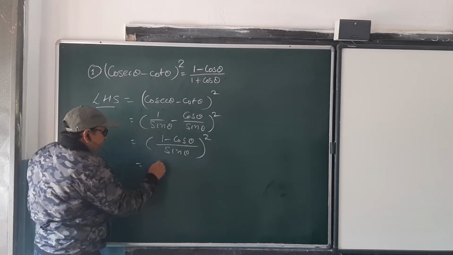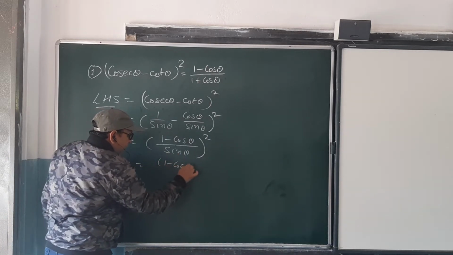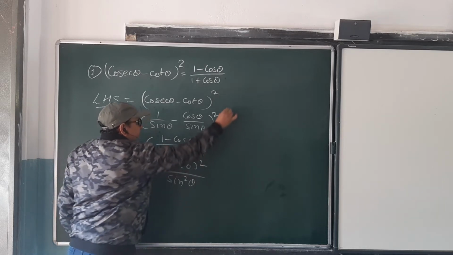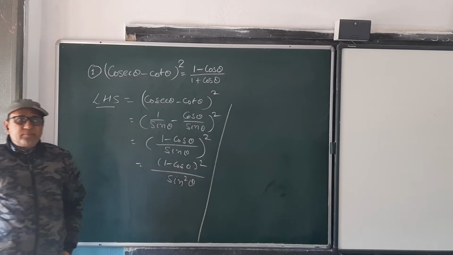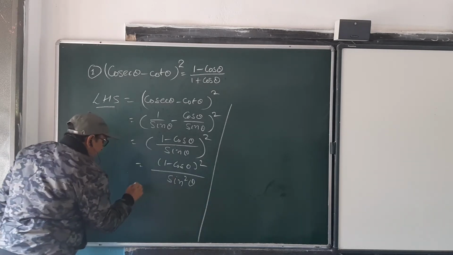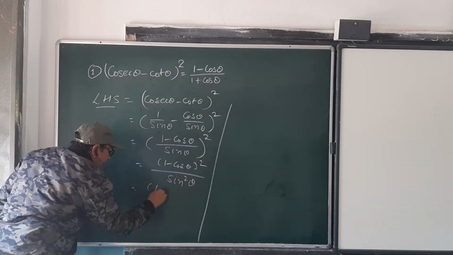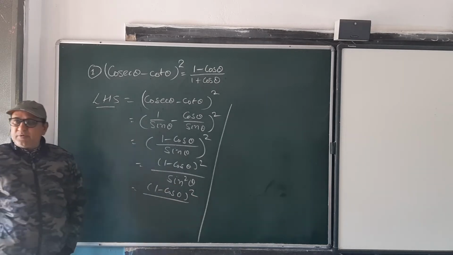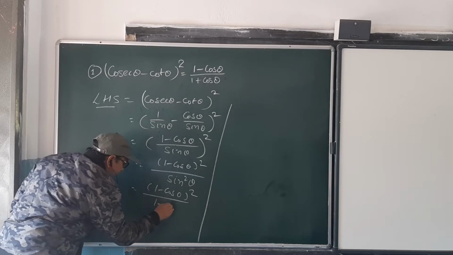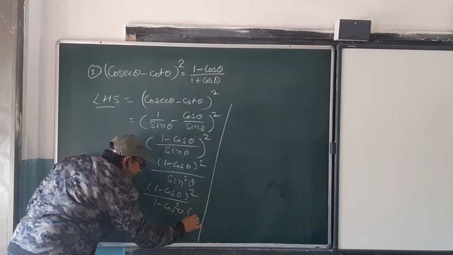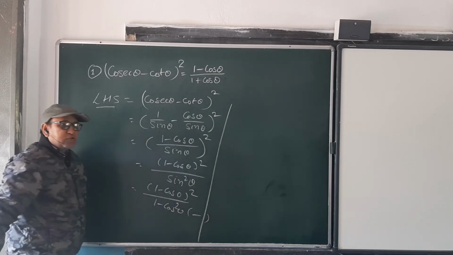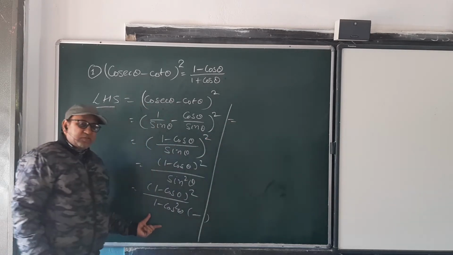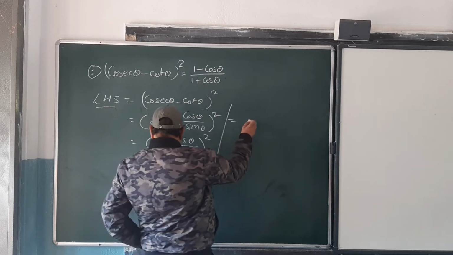So just separate the square: (1 minus cos theta) whole square upon sin square theta. Clear? Now write here (1 minus cos theta) whole square, and sin square theta means 1 minus cos square theta. Okay, you can write it because sin square theta equals 1 minus cos square theta. Then apply the identity a square minus b square in the denominator.